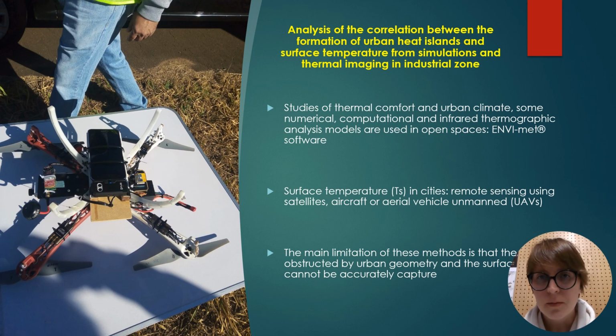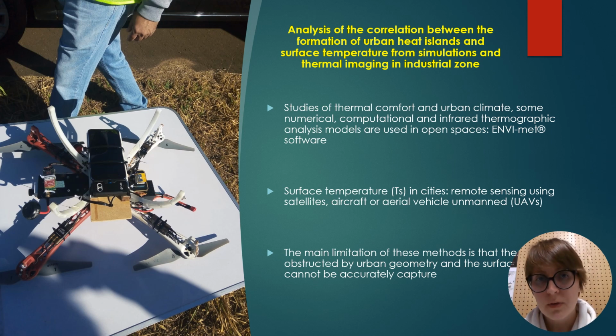Urban heat island simulation helps to understand how these phenomena occur and also to estimate the effectiveness of possible mitigating measures. To obtain surface temperature in cities for large areas is difficult.